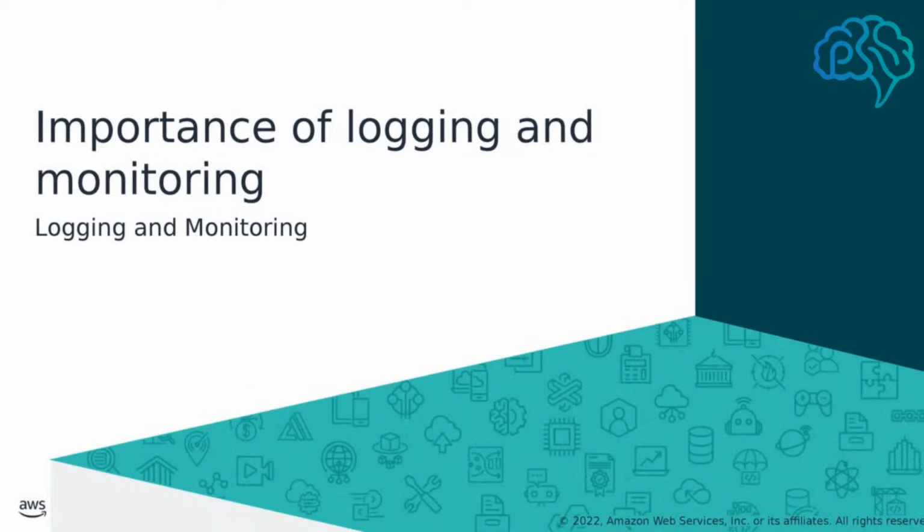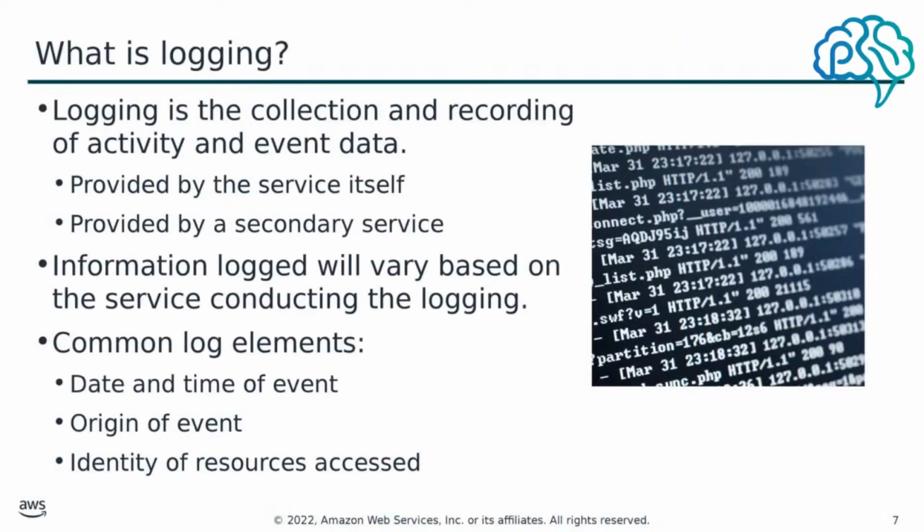So if we think about the importance of logging and monitoring, you can think of it like a dashboard or visualization. One of the things to consider is that logging refers to the automated capture and archival of chronological system events and states. On AWS, this is accomplished via a combination of both native and ancillary telemetry services.